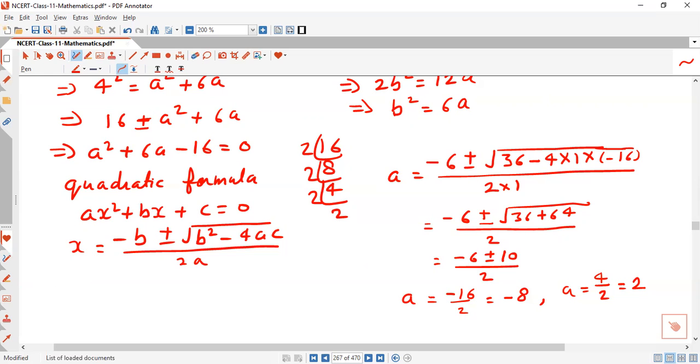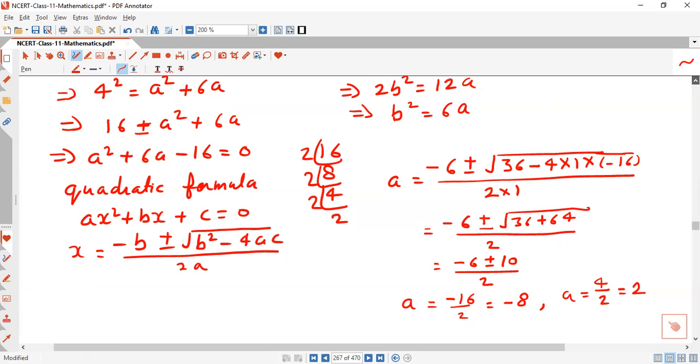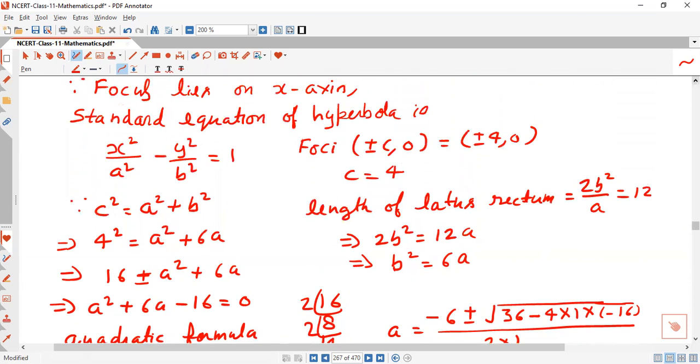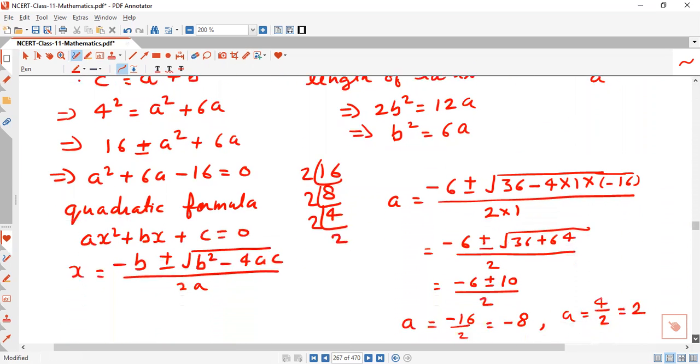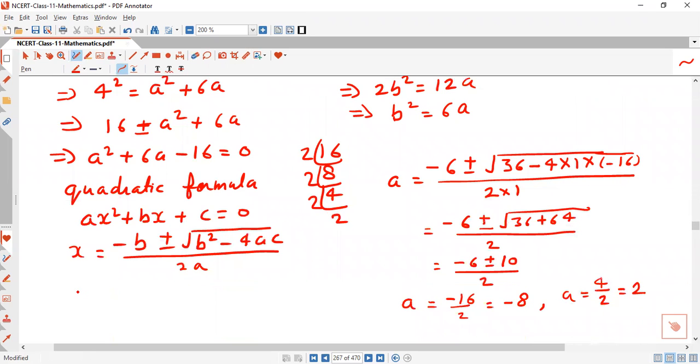Since the value of a cannot be negative here, because a is a length, we are taking a equal to only 2. So a square comes out 4. And b square equal to 6a, so b square comes out 6 into 2, which is 12.